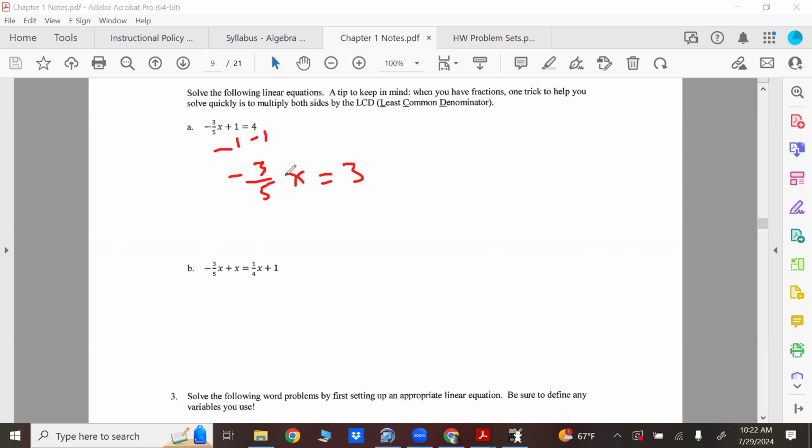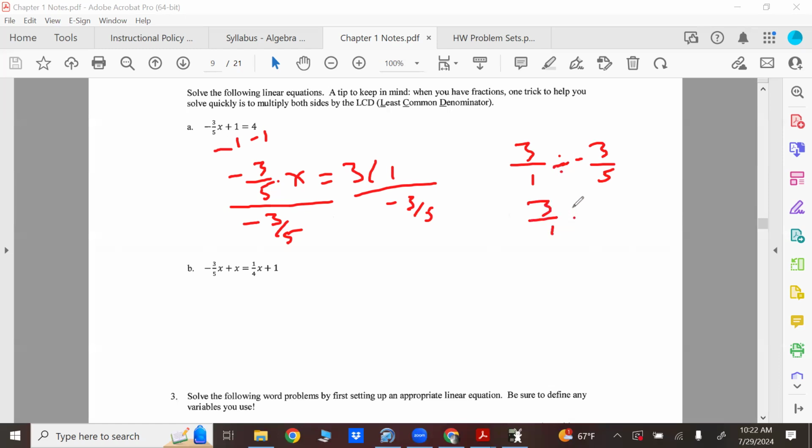So don't worry, it's the same thing as a whole number. You're going to divide by -3/5. But if you think about it, that's like saying -3/5 over 1. You have to flip the fraction you're dividing by.